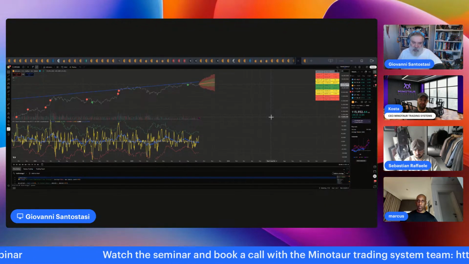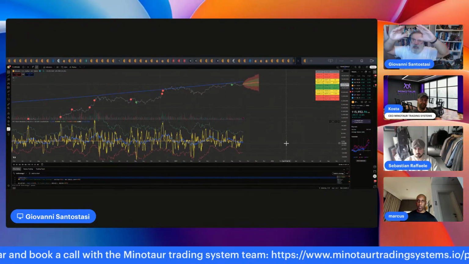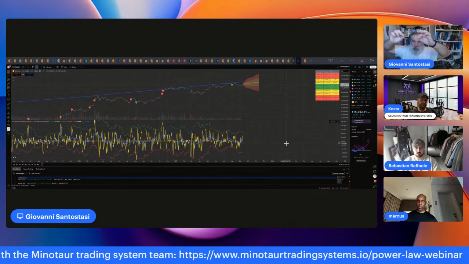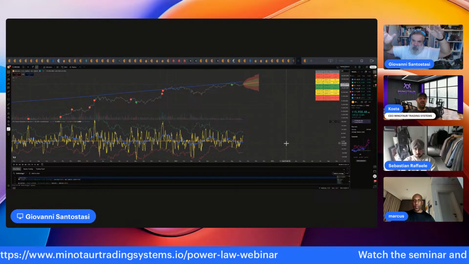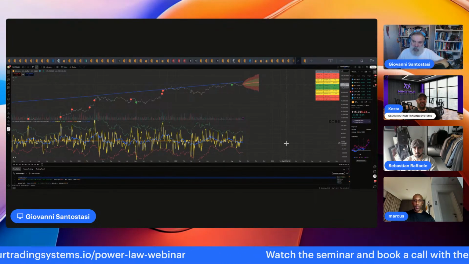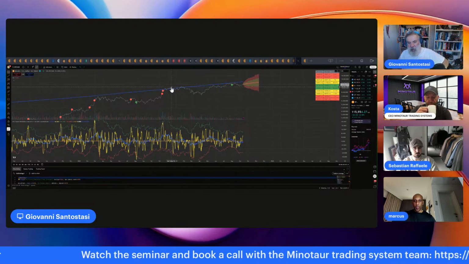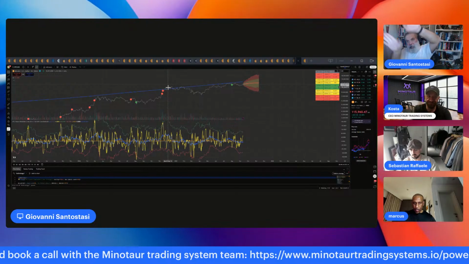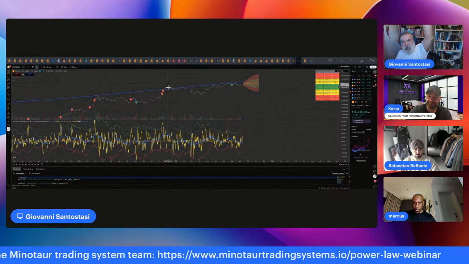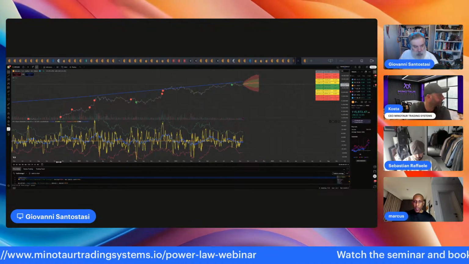So if you correct for that, you get this quantity that I call mu, which is basically the average behavior of these power laws. If you divide by this time function, you get the slopes. So it's almost like you're fitting a mini power law every day, and we are going all over the place, right? Because sometimes we are higher than the power law, sometimes we are lower than the power law.